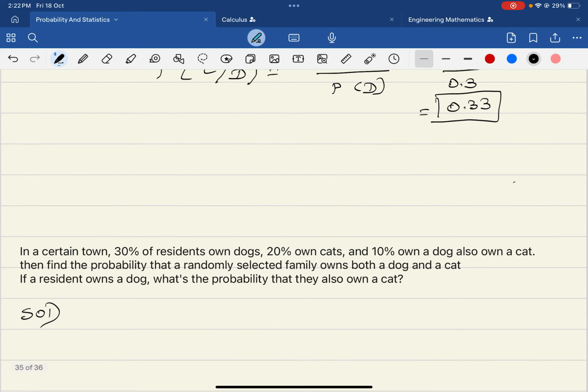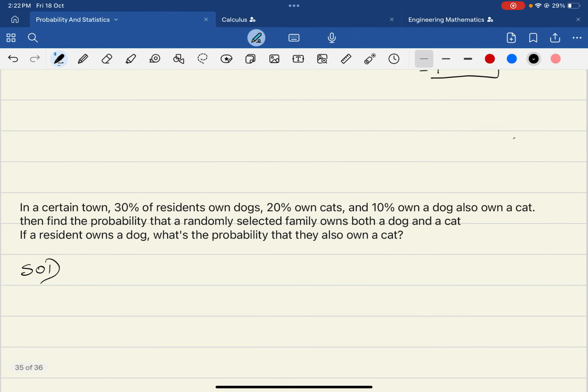Let us now see this problem, try to understand. Let us read this question now. In a certain town, 30% own dogs, 20% own cats, and 10% own a dog and also own a cat. What is meant by this sentence?